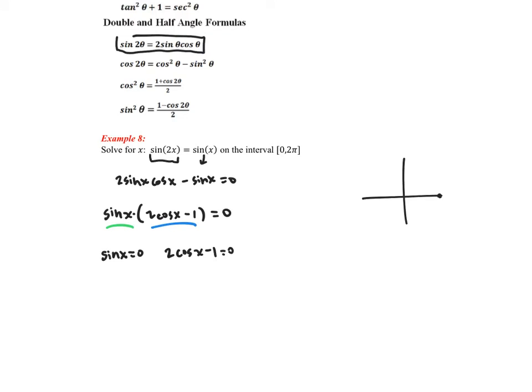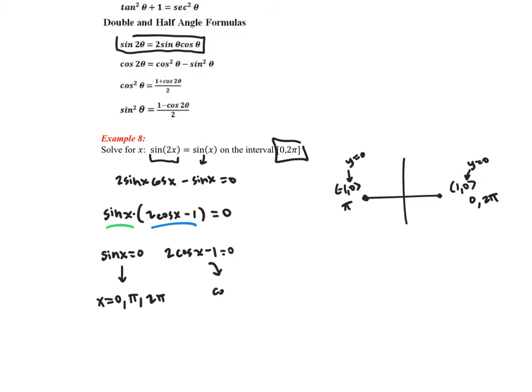Well, the y value is equal to 0 here and here. So this is the point 1, 0. This is the point negative 1, 0. And you can see that the y value equals 0 in both cases. Now, within 0 to 2 pi, that happens at 0 and at 2 pi, as well as at pi. So this yields answers of 0, pi, and 2 pi.